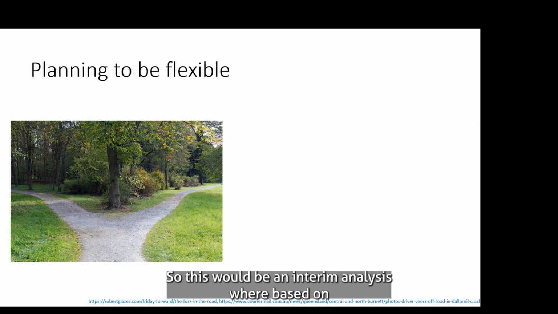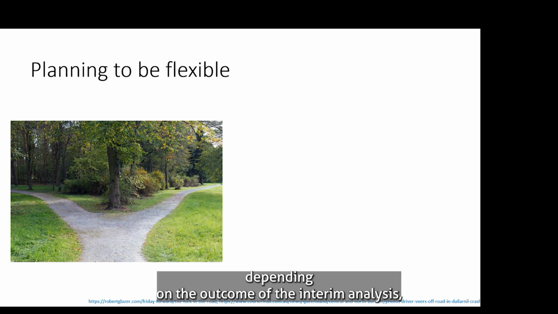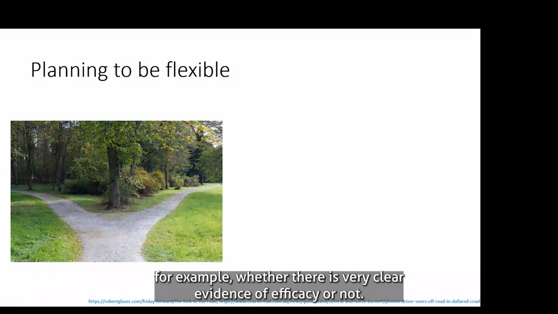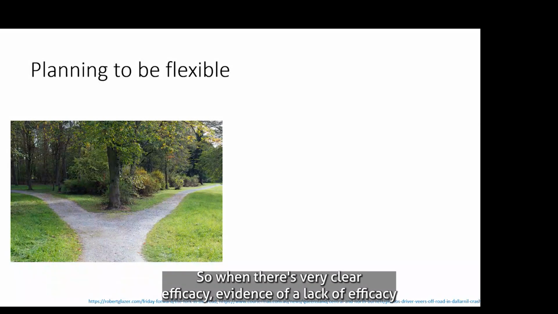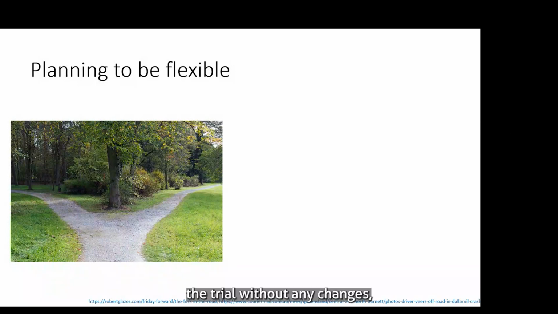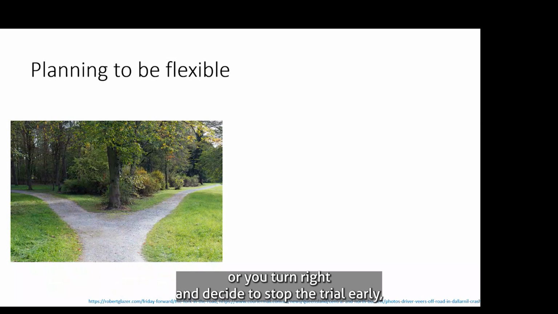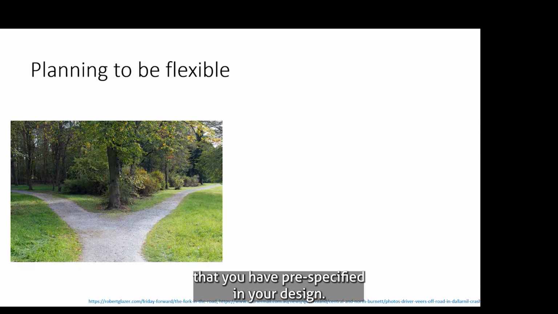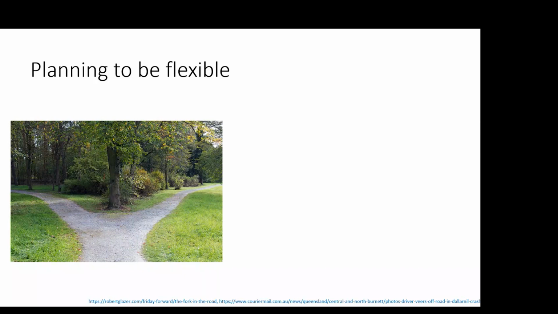So this would be an interim analysis where, depending on the outcome of the interim analysis, for example, whether there is very clear evidence of efficacy or not, or whether there's very clear evidence of lack of efficacy or even harm or not, based on that consideration, you make a decision to either go left, which could be to continue the trial without any changes, or you turn right and you either stop the trial early, or you increase the sample size, or you make some kind of change that you have pre-specified in your design. And this is the right way of doing adaptive designs. This is the wrong way.